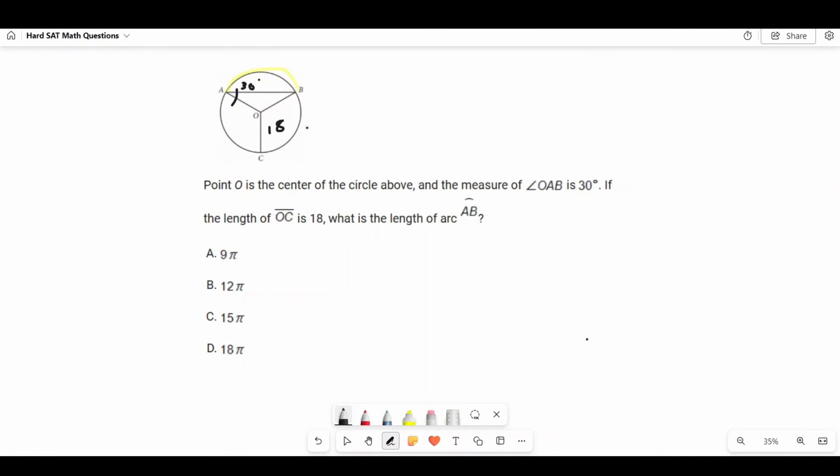So in this question, we can see that since OA and OB both are radii of the circle, since O is the center point and they both connect to an outer point, that means that it's an isosceles triangle, and angle B and angle A will be the same degree. So angle B will also be 30, and 30 plus 30 is 60, so 180 in a triangle minus those 60 degrees is equal to 120 degrees for angle O, which is the only angle left.